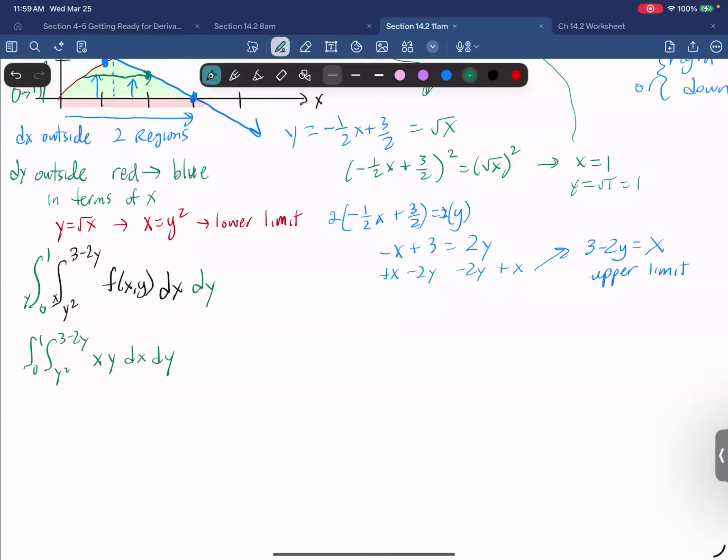All right, now it's straightforward. We focus on the inner integral. We're integrating with respect to x. That is going to give me a 1/2 x squared y evaluated from y squared to 3 minus 2y. And then I got my dx.